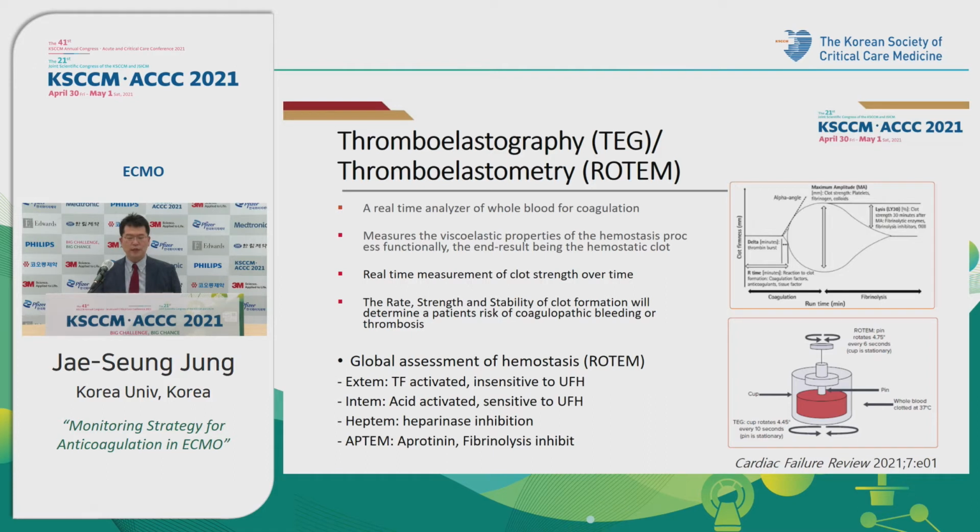As you can see in the lower figure, this is a schematic of viscoelastic testing with a specimen of whole blood in a cup. This cup is heated to 37 degrees Celsius. In the case of TEG, the cup oscillates with the pin remaining stationary.